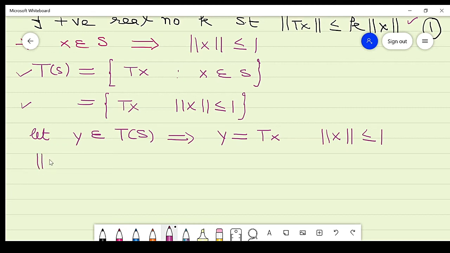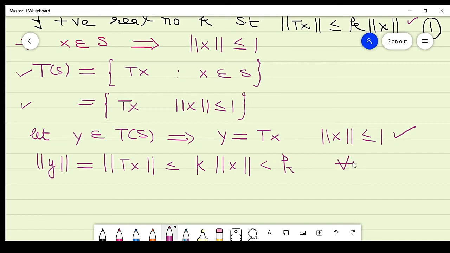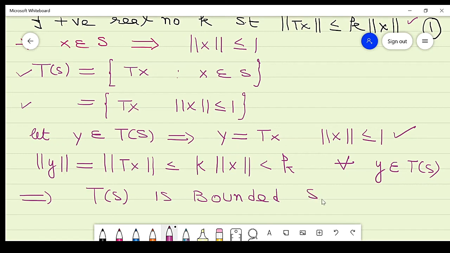So what is norm of y? Norm of y is equal to norm of Tx, by equation number 1 this is k into norm of x, and by this condition, which is less than k, and this is for every y belongs to T of S. It implies this T of S is a bounded set, right?